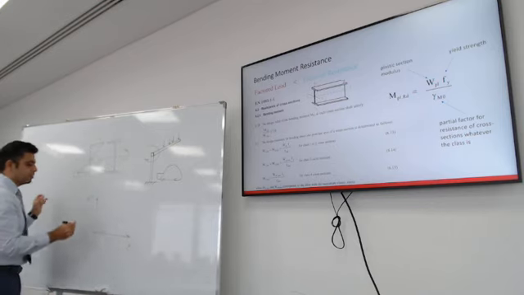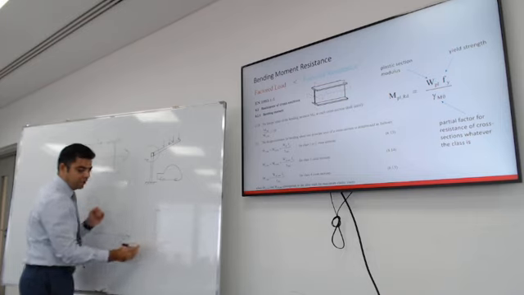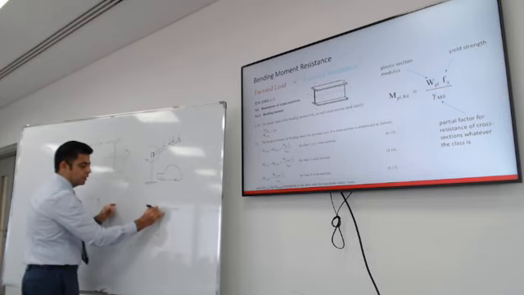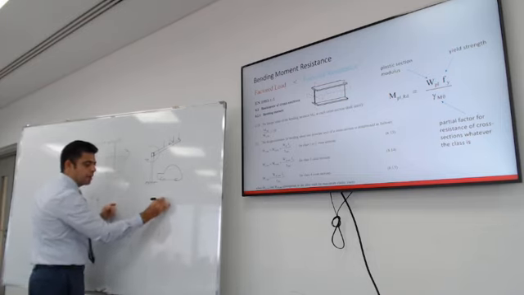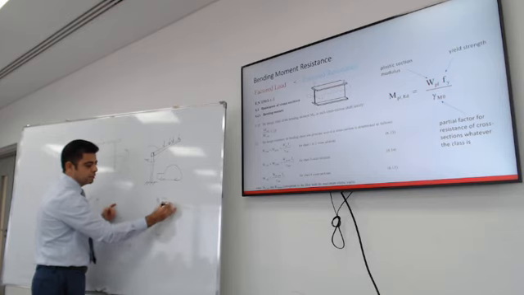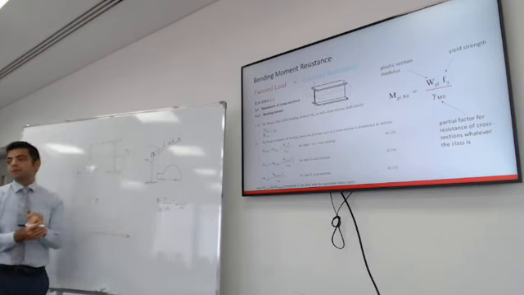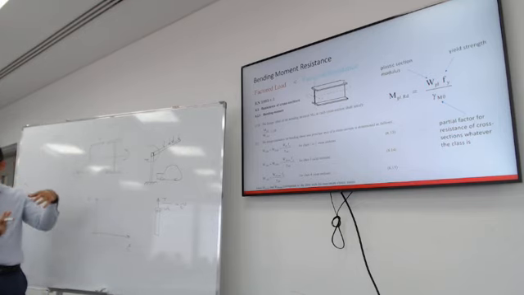Okay, this curve is very important. Let's say you have a piece of steel. This is a bar of steel. The tension force divided by the area of the cross section, so T divided by A, is the stress on this section. It's force divided by area.